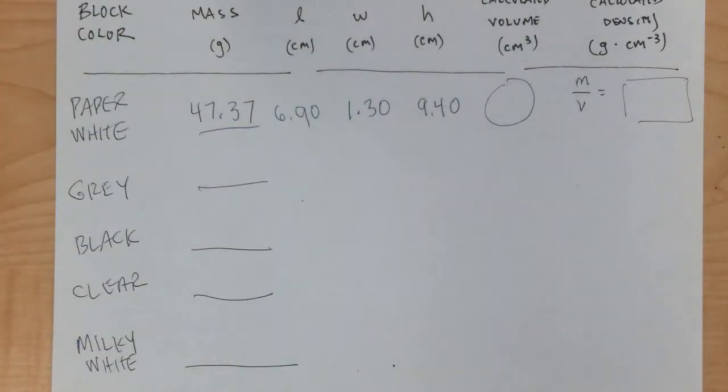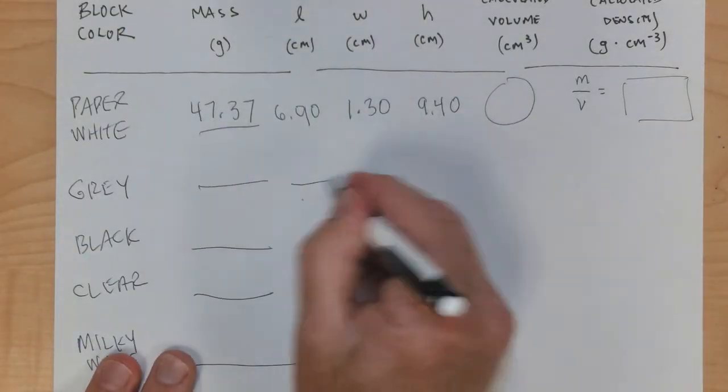All right, so you should have the length and width and height of the gray block now. You guys write those down right here.